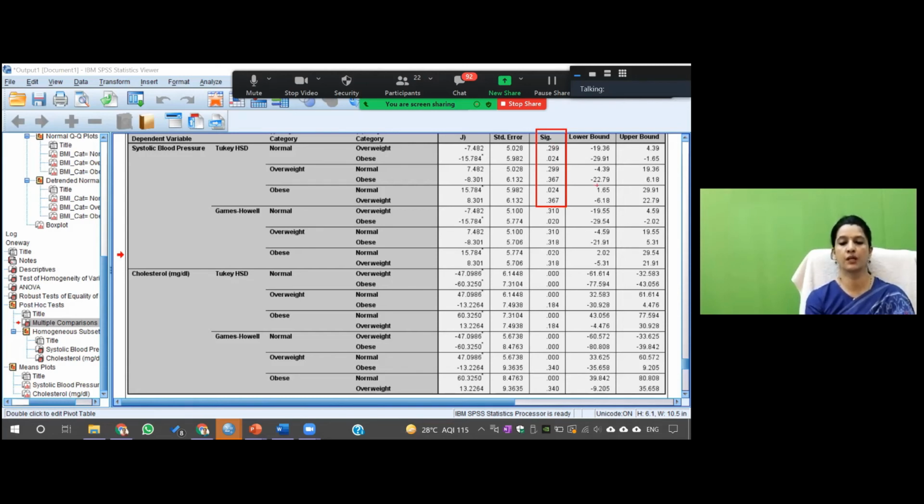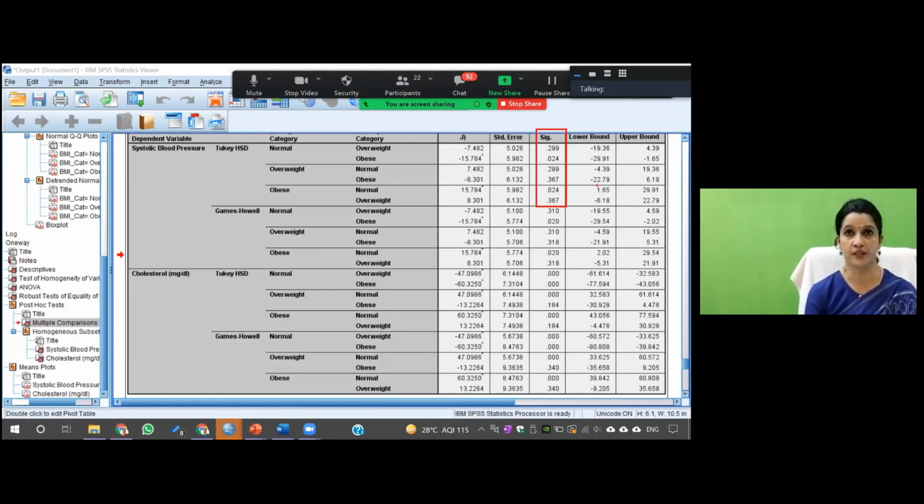Which value is less than 0.05? Yes, please type in the chat box. Yes, 0.024, okay, but it is between which pair? Because we are now doing post hoc.